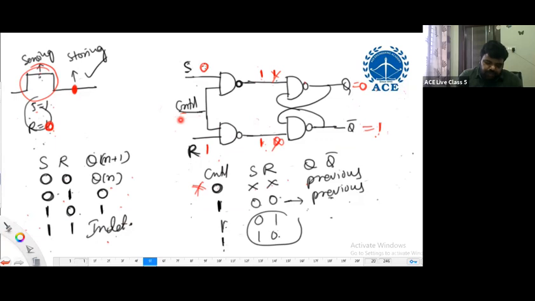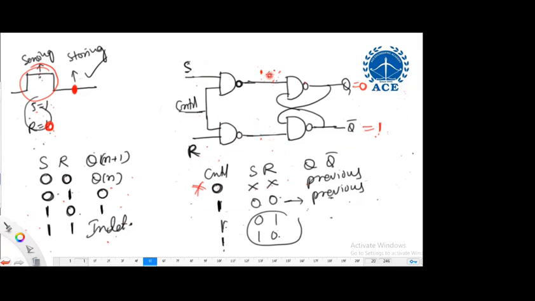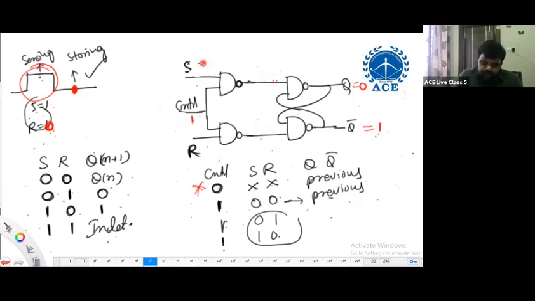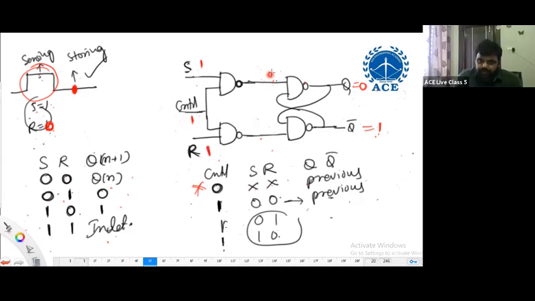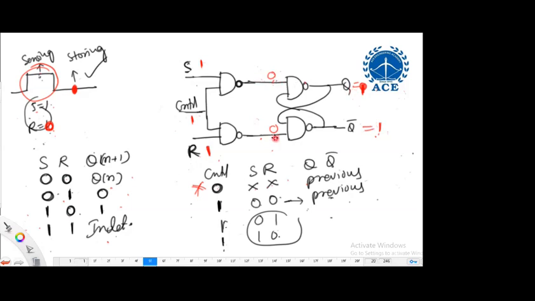Control equals 1, S equals 1, R equals 1. Then what do we get here? 0, 0. For 0, the gate is disabling, right?